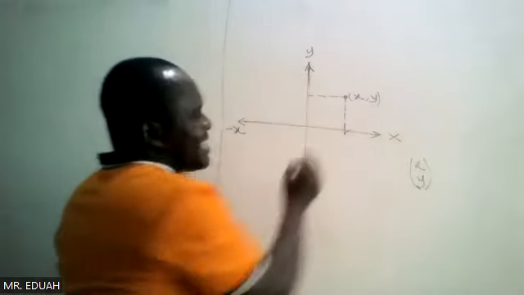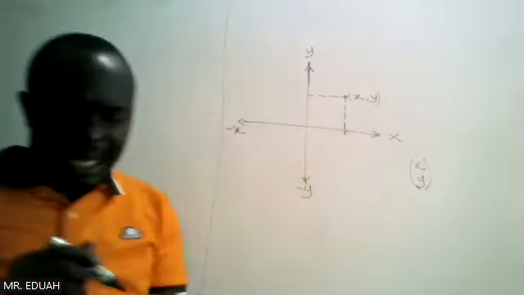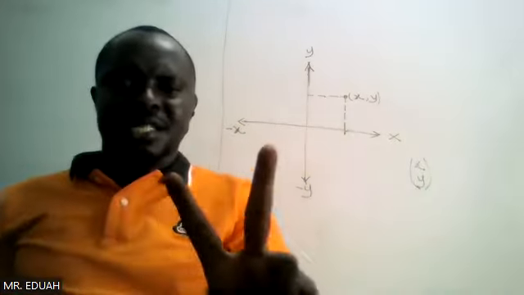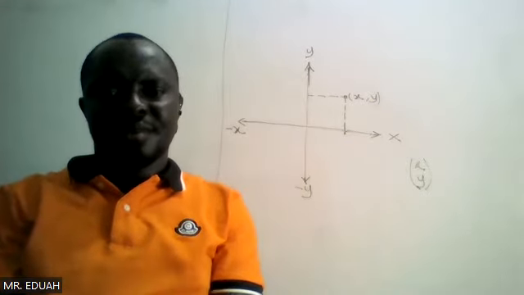So once it's in between y and x, you can always get two components for the vector.